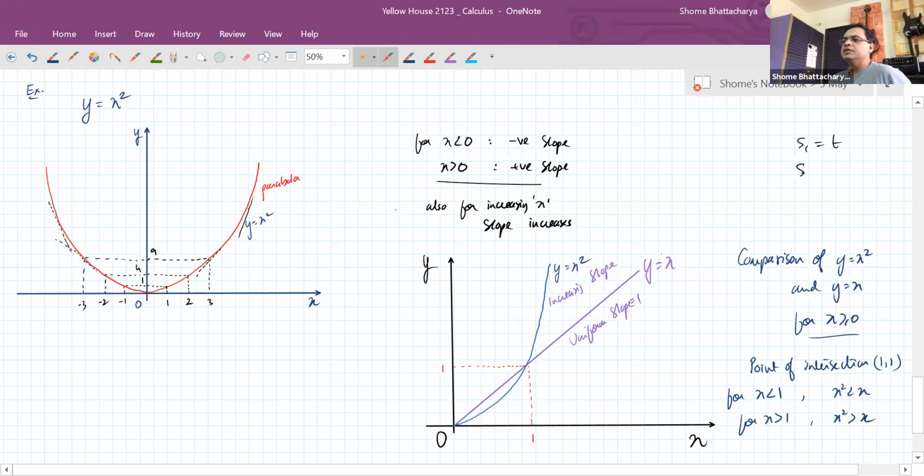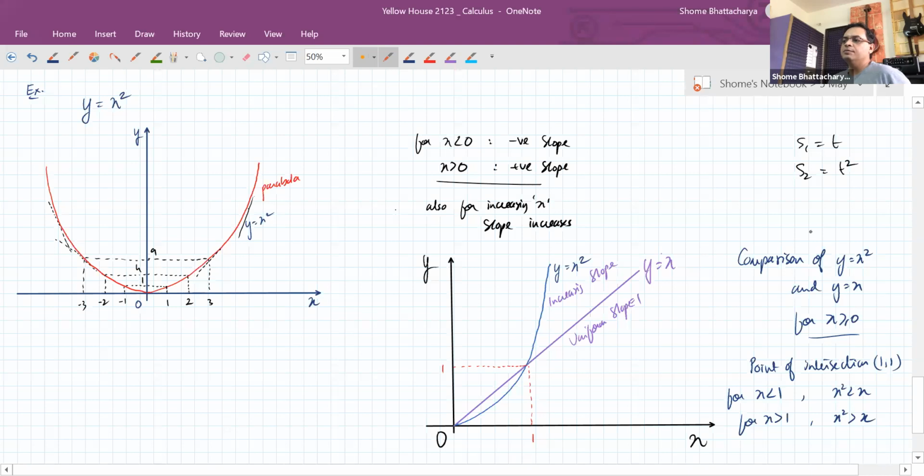And another one is displacing according to s is equal to t square. So it has a uniform acceleration of 2 and an initial velocity of 0. So this is how the displacement with respect to time will go. For the initial 1 second, the first one will be ahead of the second one, because you can see this graph is above. But after 1 second, the second one has overtaken the first one.